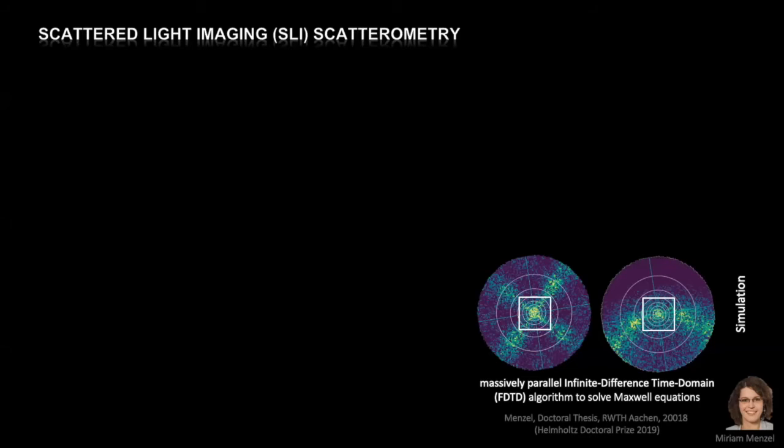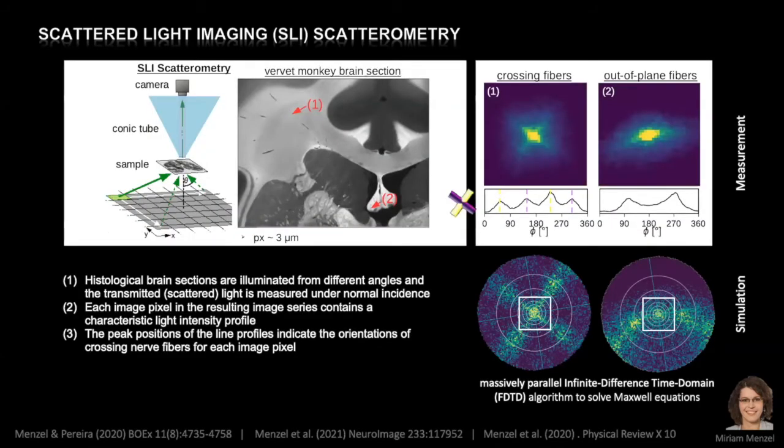But we did these simulations with visible light, and we were surprised that our simulations predicted that it could be seen already at a very simple level. And from that point on, we started to develop this kind of device or method, which is called scattered light imaging, scatterometry.